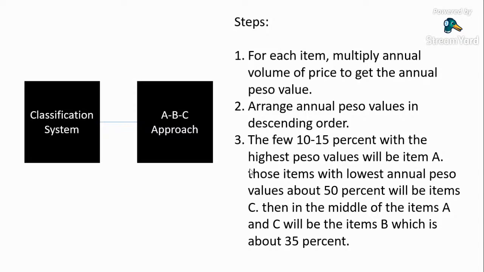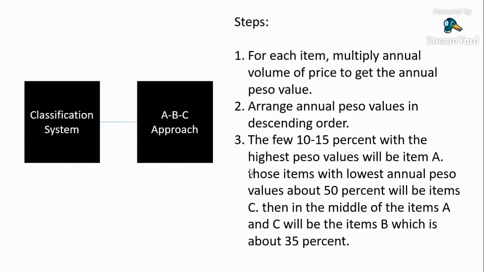Okay, so may computation tayo dito but I will not require you to do the computation as part of our topic. So hindi na tayo magko-compute. But I want to present to you the different steps kung paano ginagawa ang ABC approach na kasama sa classification system. So number two is arrange annual peso values in descending order.